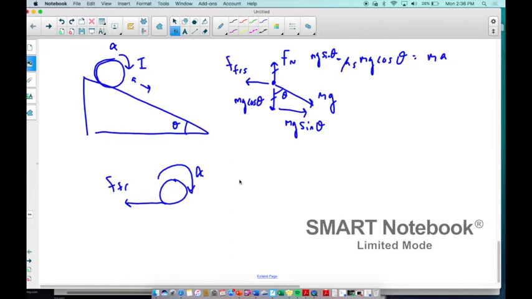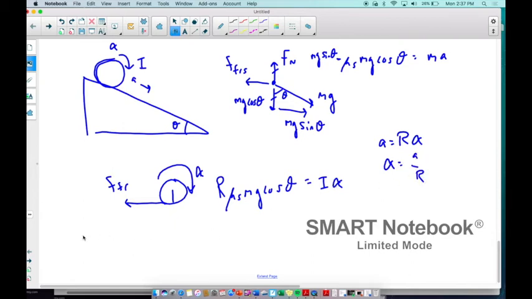So I can say that the force of friction, which is coefficient of static times mg cosine theta, times the radius here, that's going to be the torque, equals I alpha, just like that. It is not slipping, so just like we've always done, a equals r alpha, or alpha equals a over r.